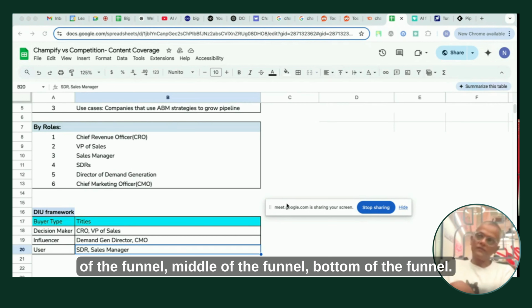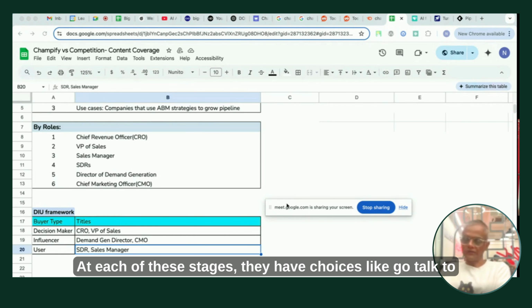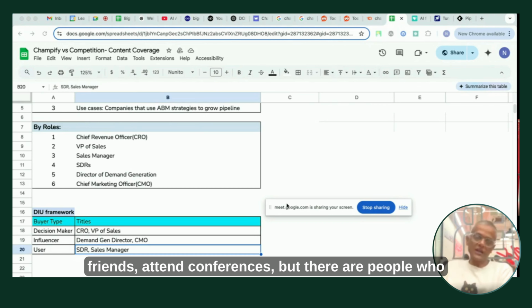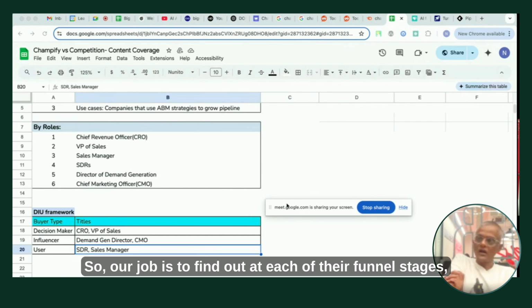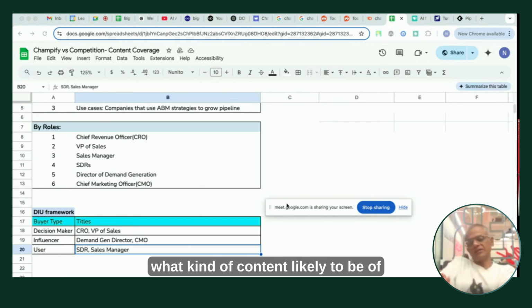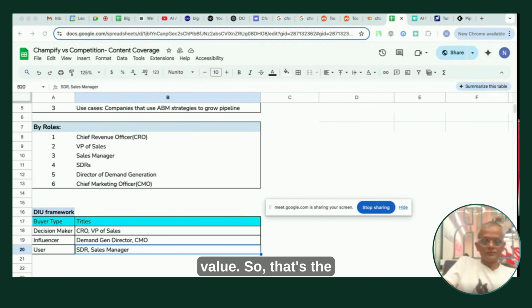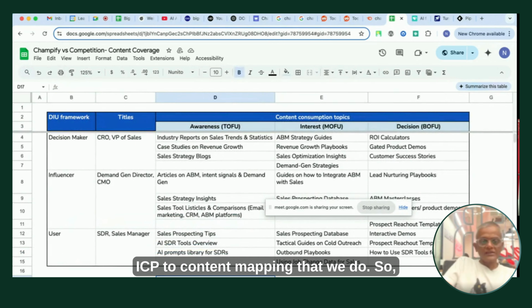So top of the funnel, middle of the funnel, bottom of the funnel. At each of these stages, they have choices like go talk to friends, attend conferences, but there are people who also search on the net and consume content. So our job is to find out at each of their funnel stages, what kind of content is likely to be of value. So that's the ICP to content mapping that we do.